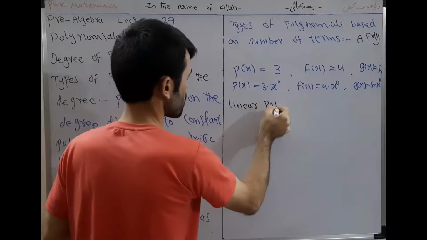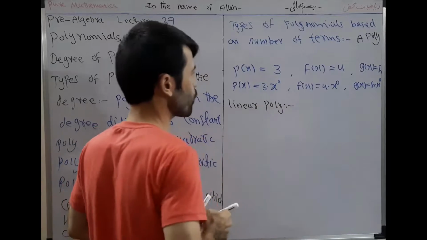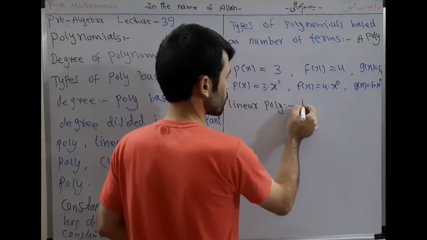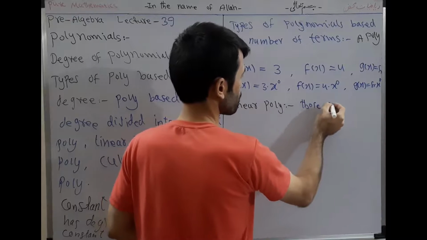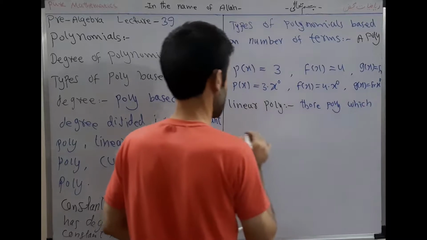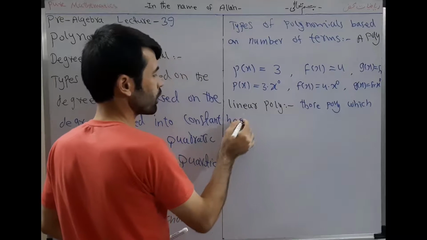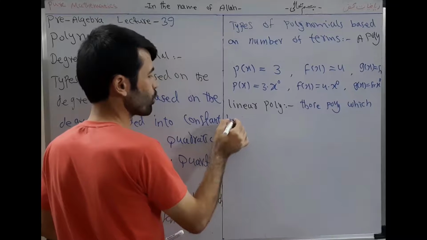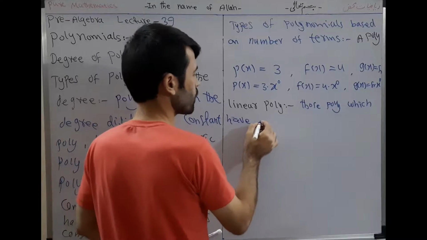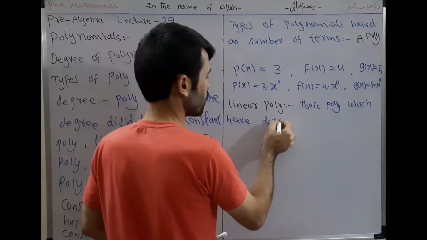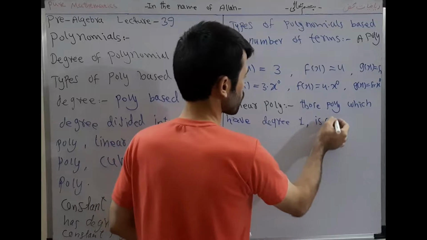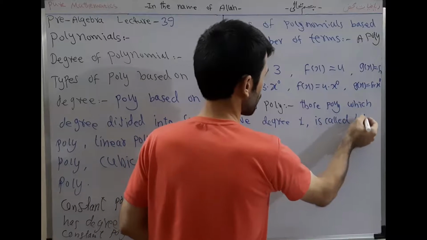Next one, linear polynomial. Those polynomial which have degree 1 is called linear polynomial.